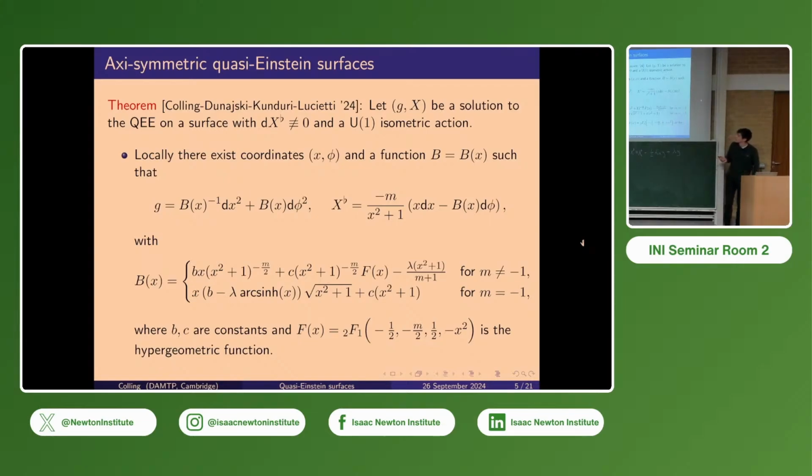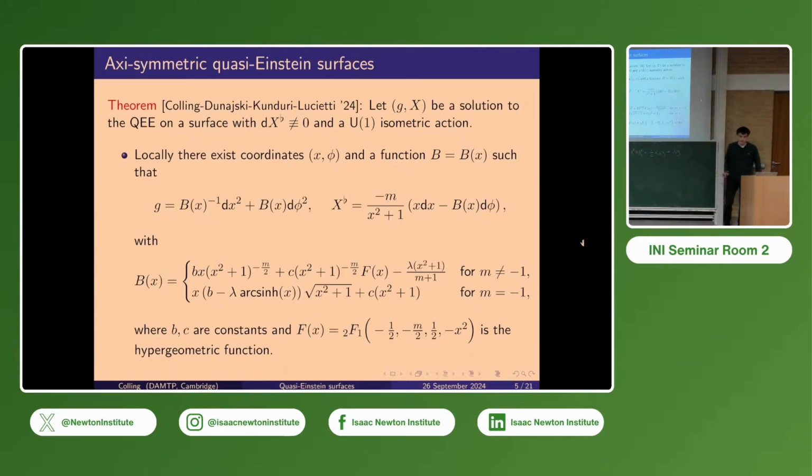This is the metric, and x will also be completely determined by b, and b contains two arbitrary constants, small b and small c, and moreover, it depends on a hypergeometric function. Also, we have to consider the case m equals -1 separately. This case is a bit special because it corresponds to the projective metrizability problem.